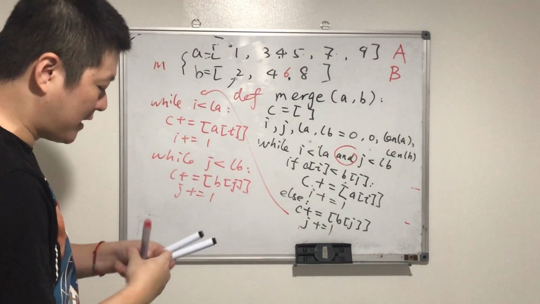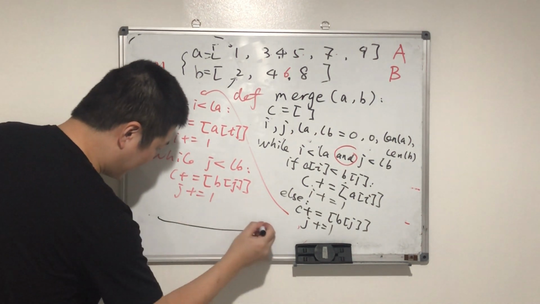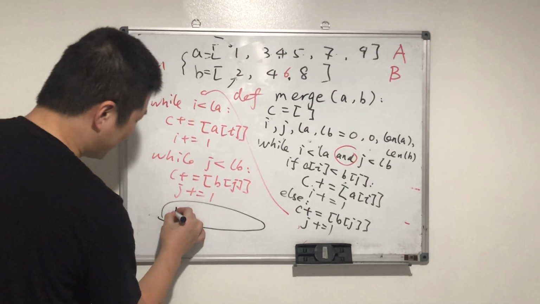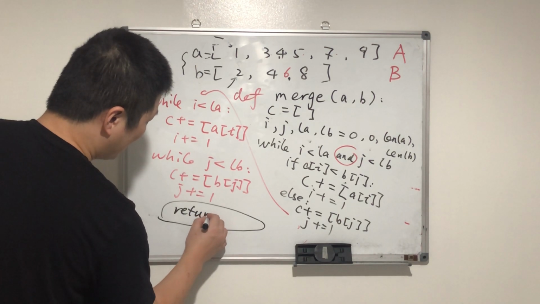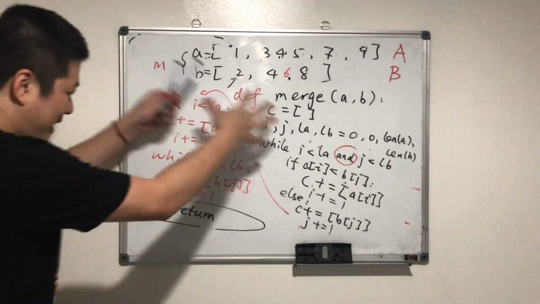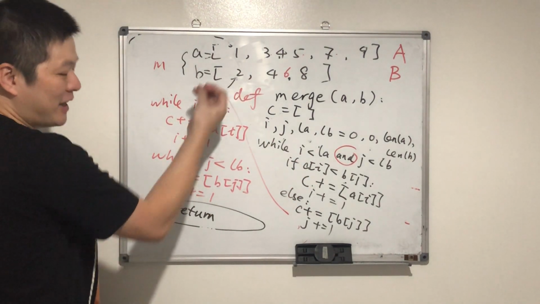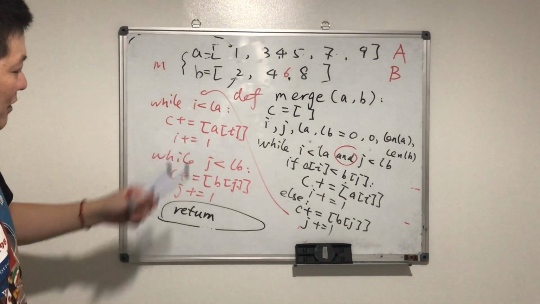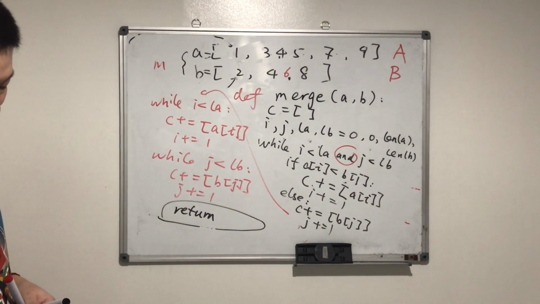And what's next? What's the last bit? You can guess. Return, yeah, return. Which number is it? What are we doing in order to return the list? Which list do we need to return? Take a guess.